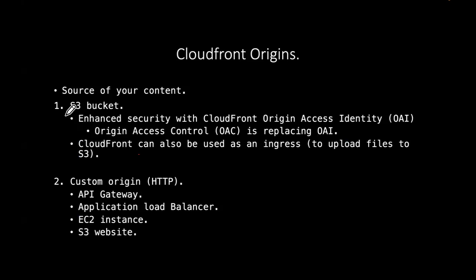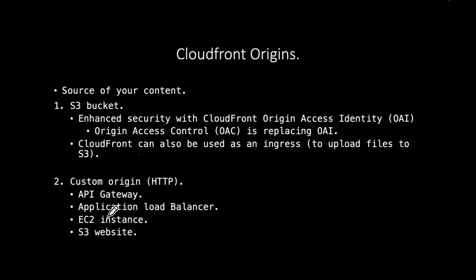If for whatever reason S3 is not an option, there are other options, okay? API gateway, an application load balancer, which some of you would have looked at last year. Even an EC2 instance. You might have a website that's running on an EC2 instance, and you want it to be accessed globally in an efficient and performant way.